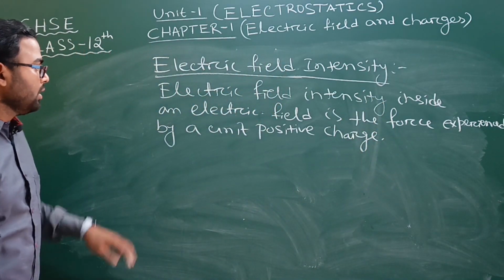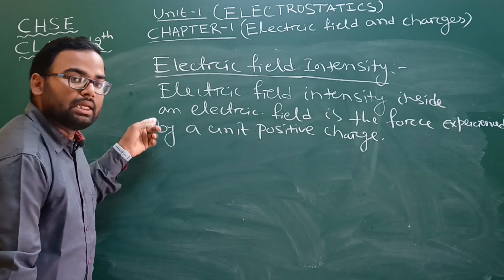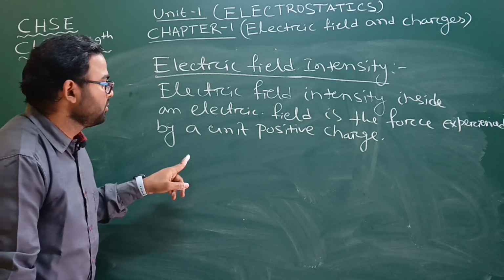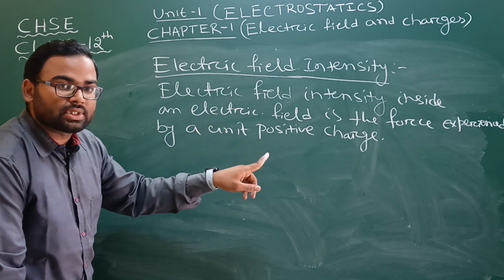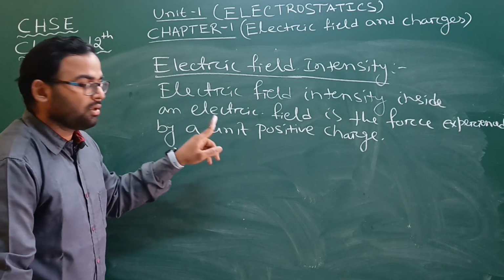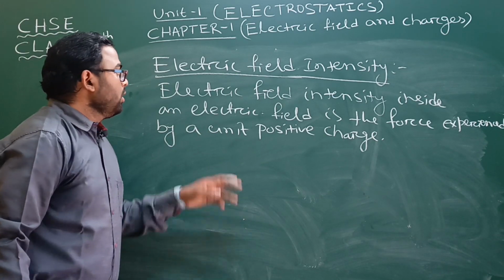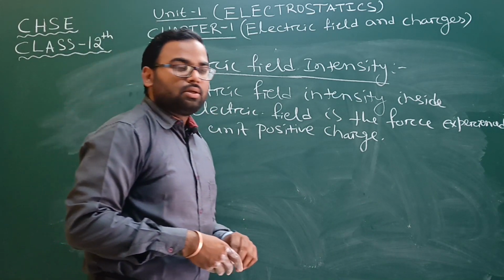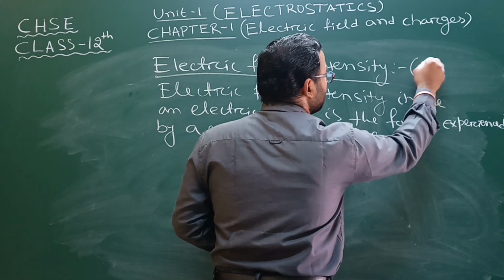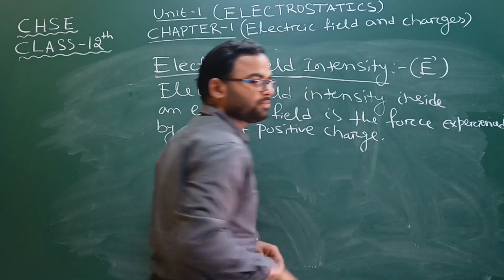Okay, electric field intensity inside an electric field is the force experienced by a unit positive charge. Okay, and electric field intensity is a vector quantity. We can denote it as E vector.